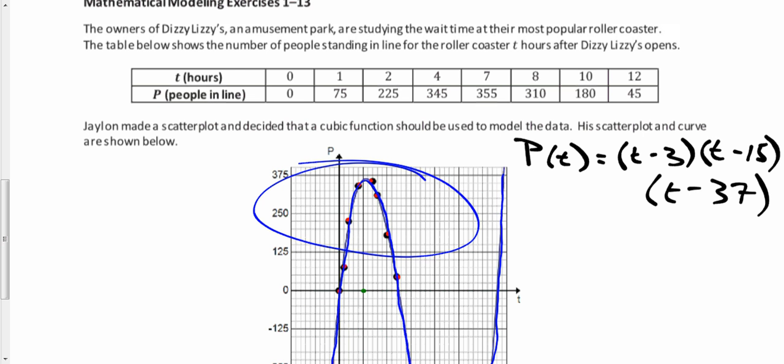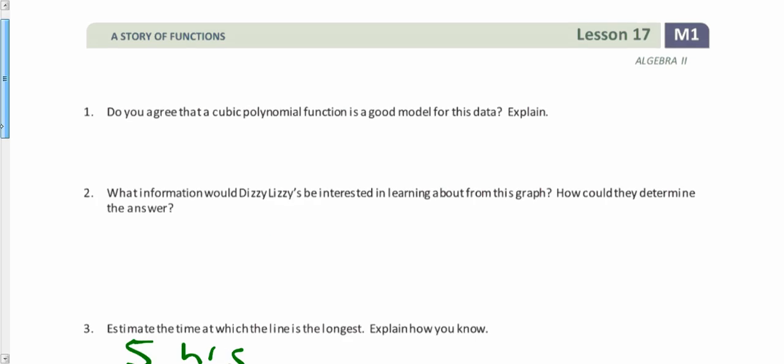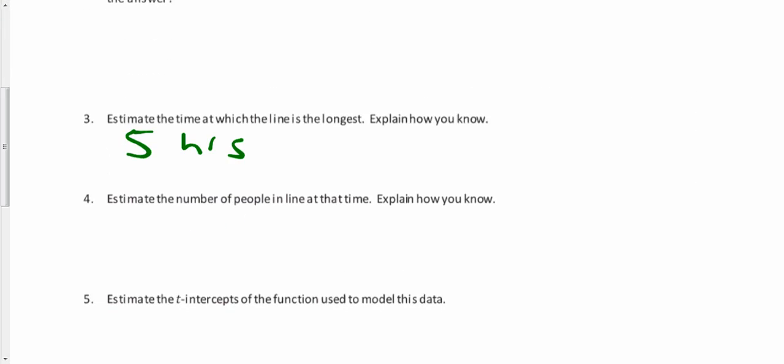So right here is 350. So I would say that's probably 360, 365, thereabouts. Approximately.